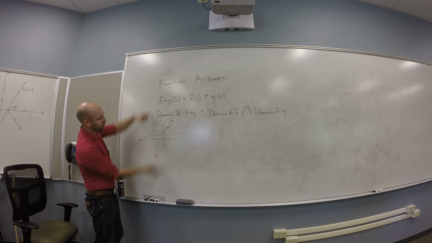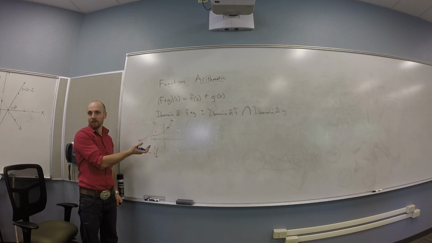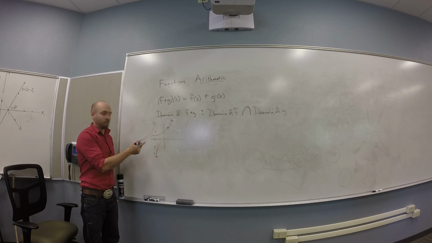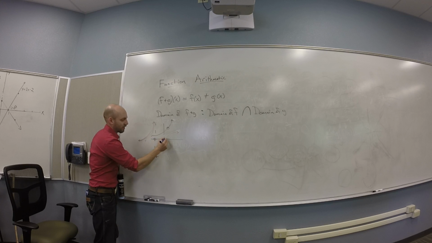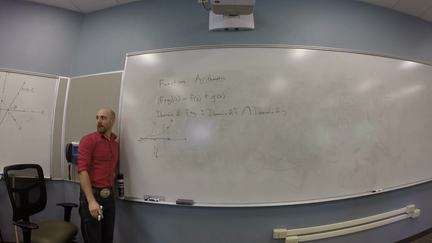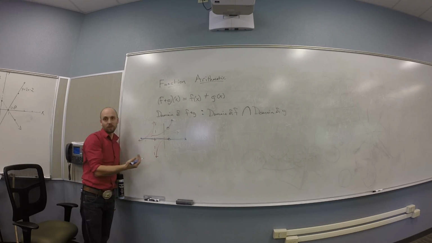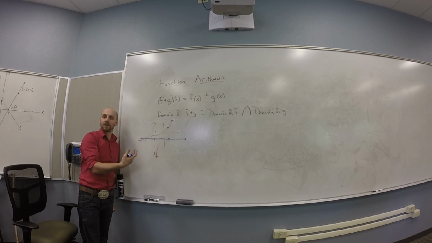So if I smash this way, everything gets covered by one function or the other, right? But the domain is really just everything except the value where there's the asymptote, because that value doesn't fit into the red function, and the value where there's the hole, because that one doesn't fit in the black function.